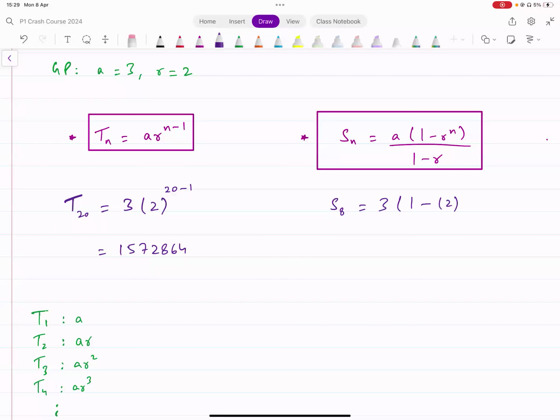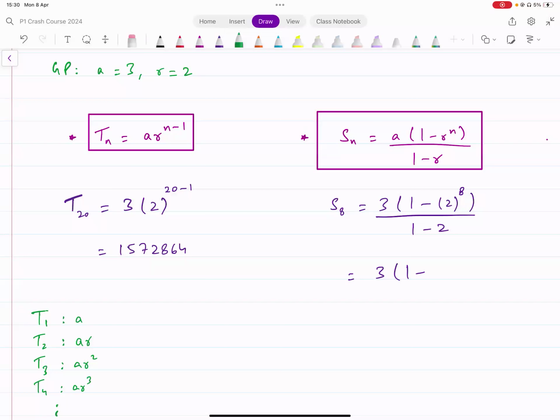N is 8, divided by 1 minus R, which is 1 minus 2. That is what is going to give you the sum of the first 8 terms. Let's figure this out and see what that turns out to be. 3 into 1 minus 2 raised to the power 8.